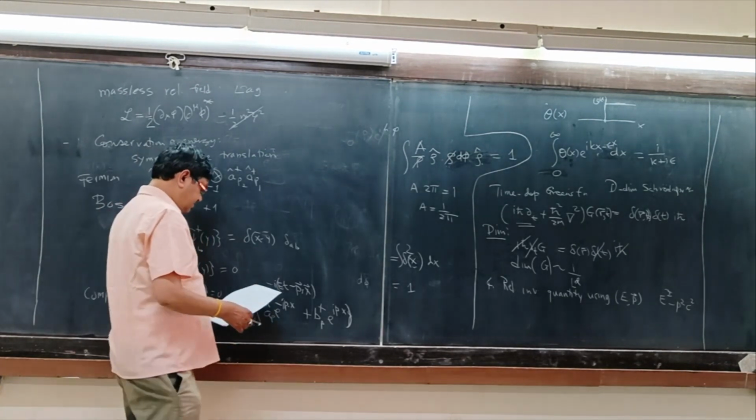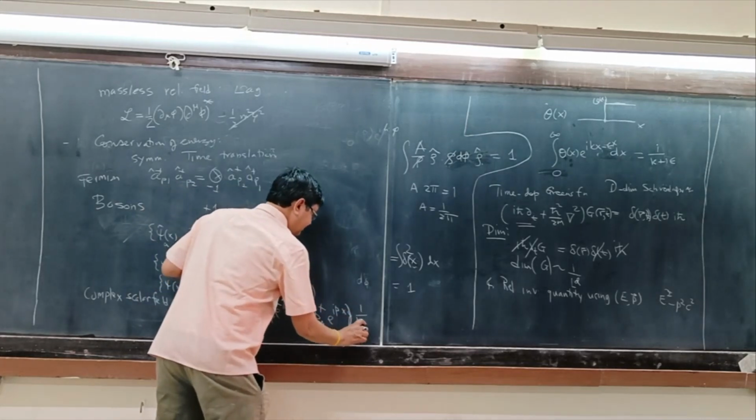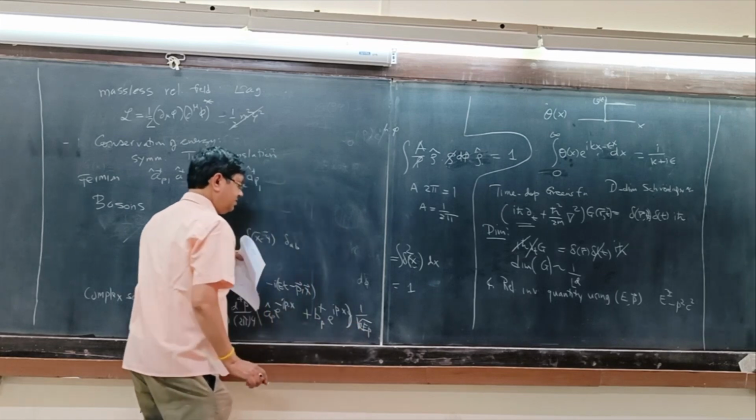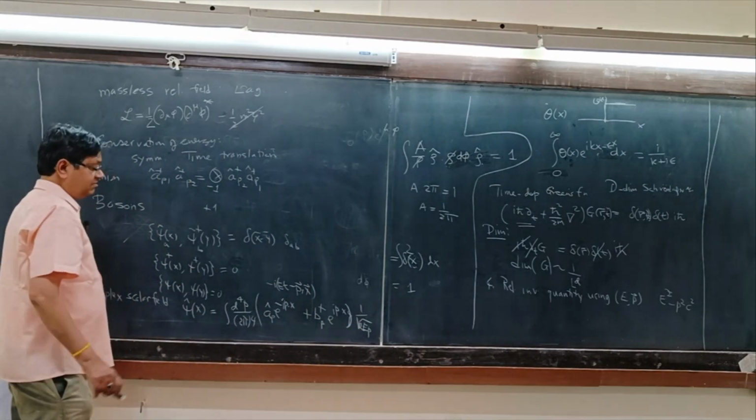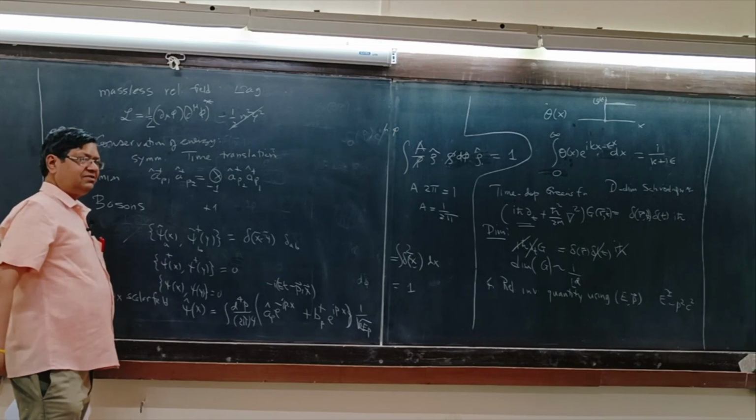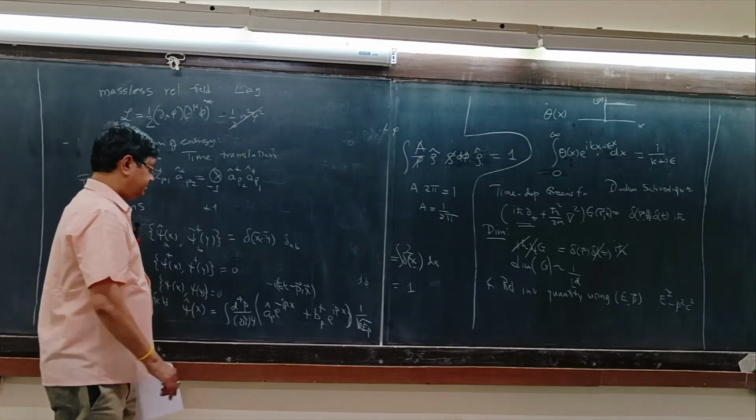Yeah, a factor of 1 over square root of 2 E_p. So that factor, you're right. But I will ignore that if you have not written it.